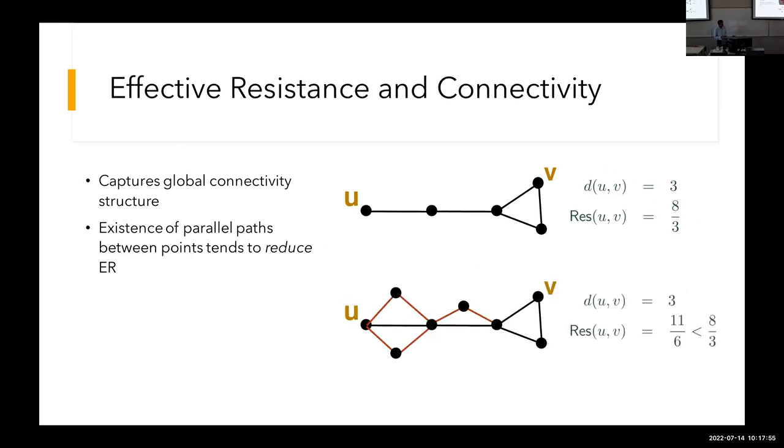And let's say I take the same graph and add some more edges denoted by these red ones. So I've essentially created more paths going from U to V. And it turns out that this actually reduces the effective resistance to something smaller than the one on the top. Okay, so if you have more parallel paths between pairs of nodes, then that tends to reduce the ER value.